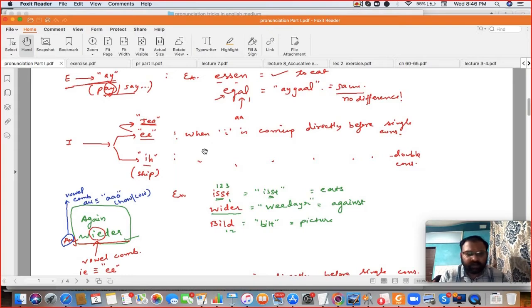If it is one consonant, then long E, otherwise short E. So first you count the consonants. Ist, it is more than one. I, double ST, it is more than one, so that's why it is the short E sound. If it is one, then long E. Otherwise, short E.